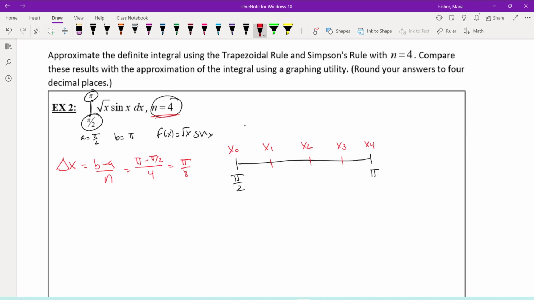To get from pi over 2 to x sub 1, I know I'm moving delta x units. So pi over 2 plus pi over 8 is 5 pi over 8. Then this is 6 pi over 8, 7 pi over 8, and then I'd be at 8 pi over 8. If we want to, we can reduce this guy to be 3 pi over 4.